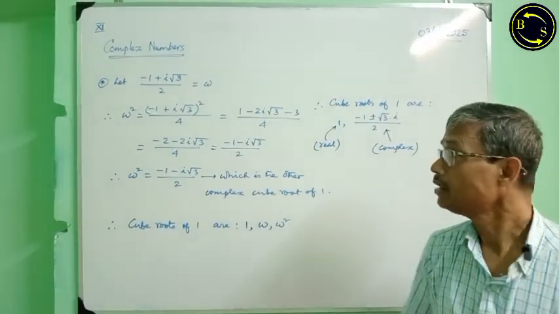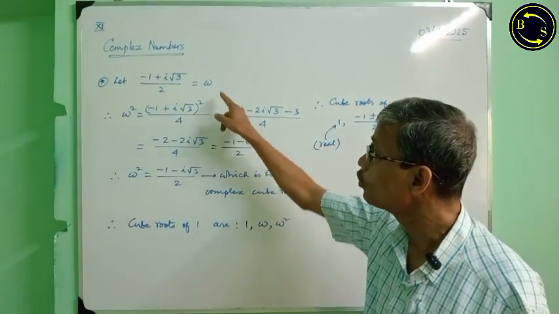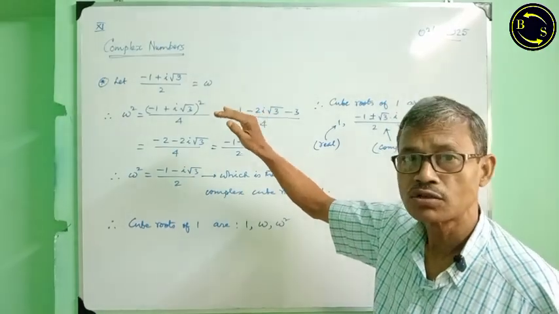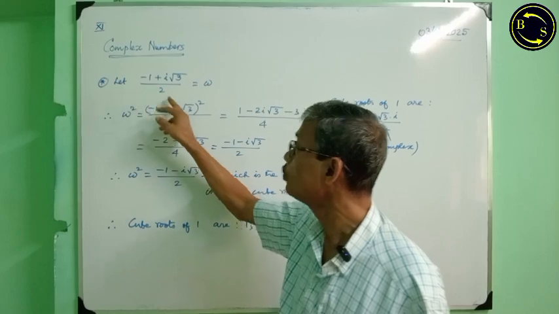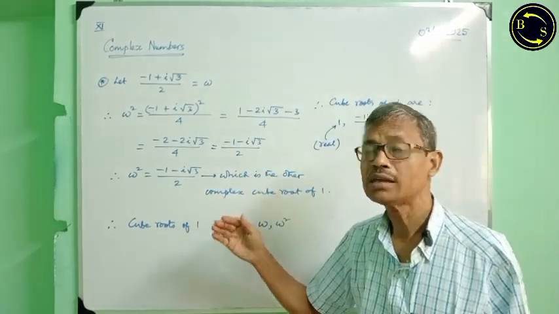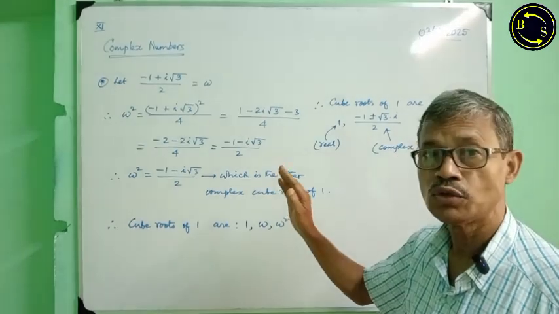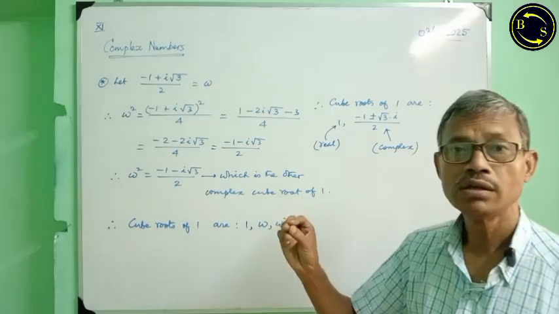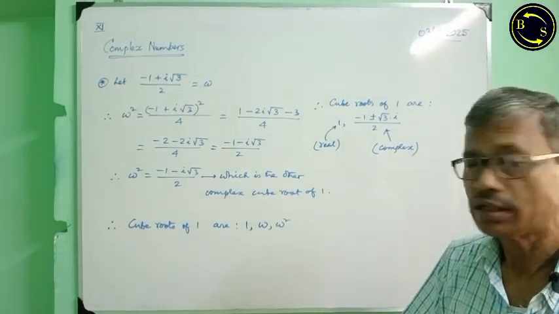Here I have taken minus 1 plus i root 3 by 2 as omega. Now you can find yourself, if you take minus 1 minus i root 3 by 2 as omega and square that, you will get minus 1 plus i root 3 whole by 2. That means we can say one complex cube root is square of the other.